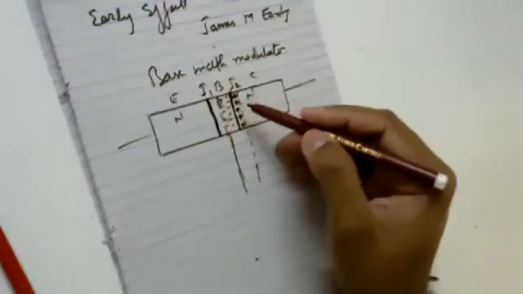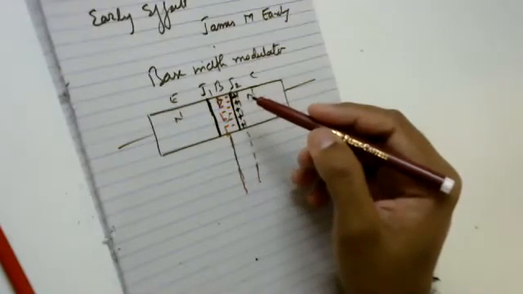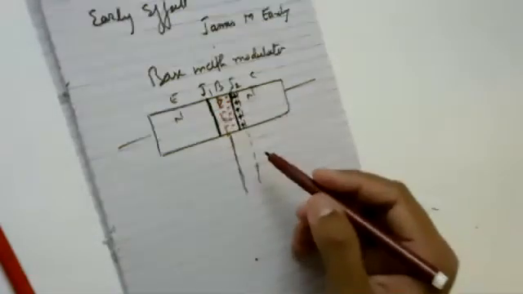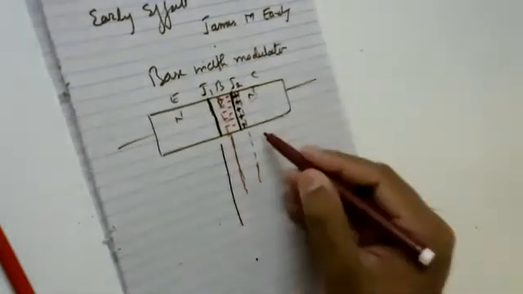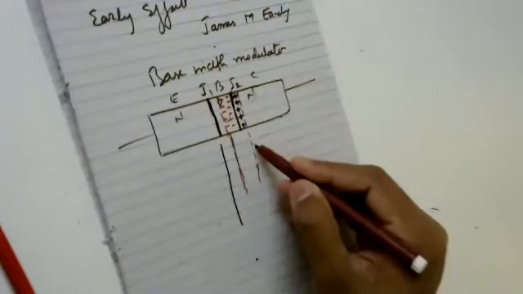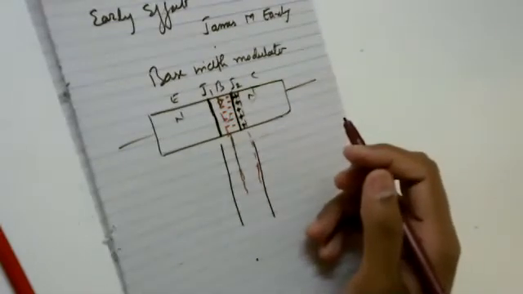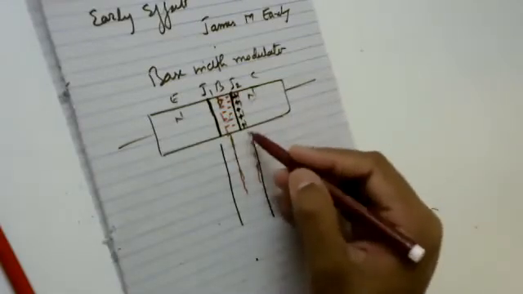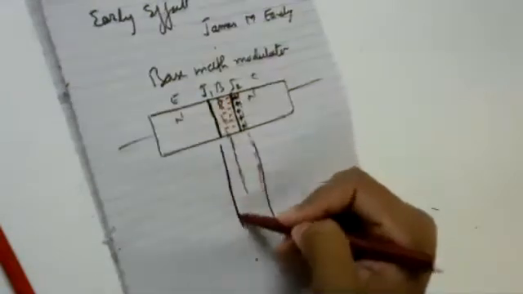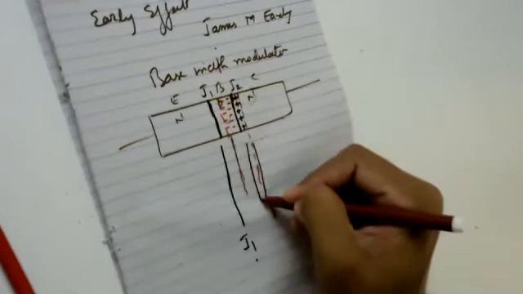Now let this complete width between junction J1 and junction J2 indicate the width of your base.